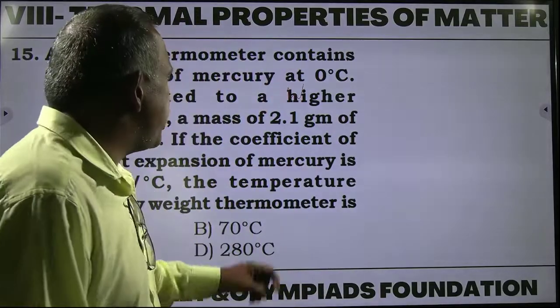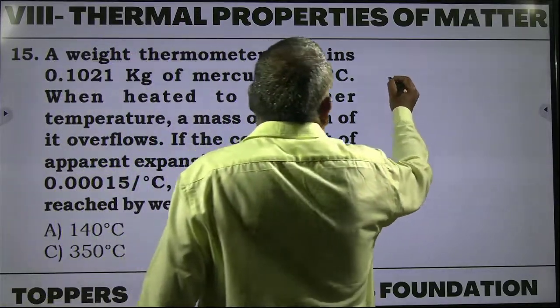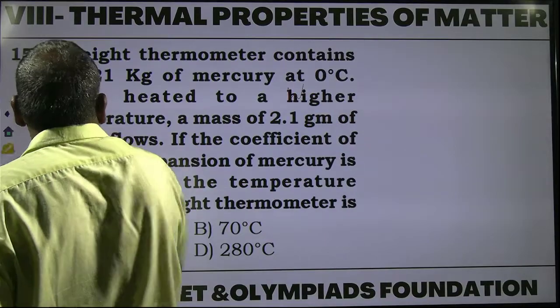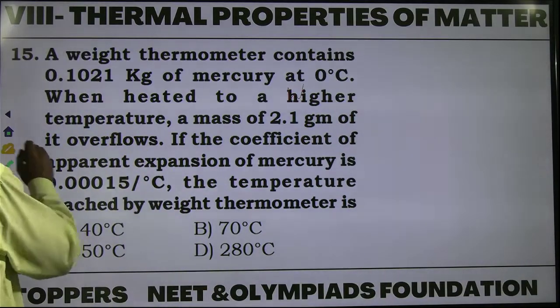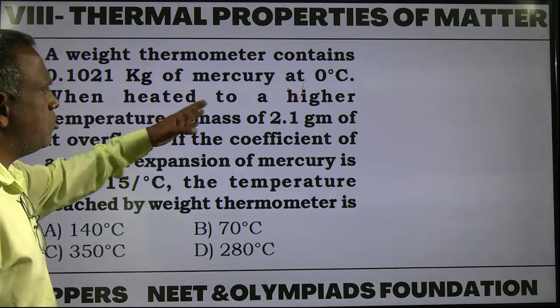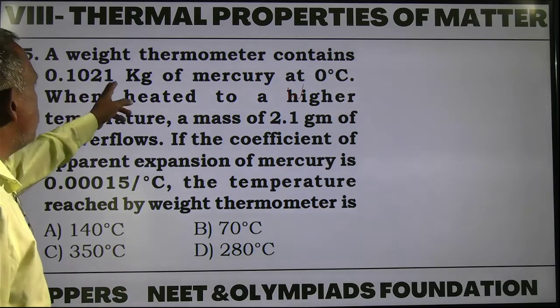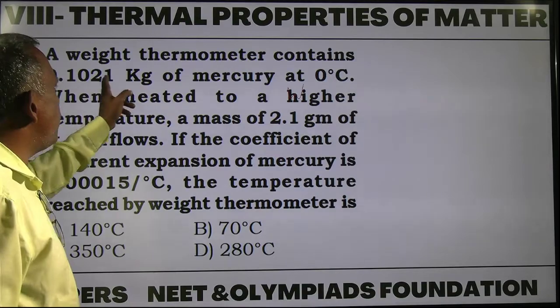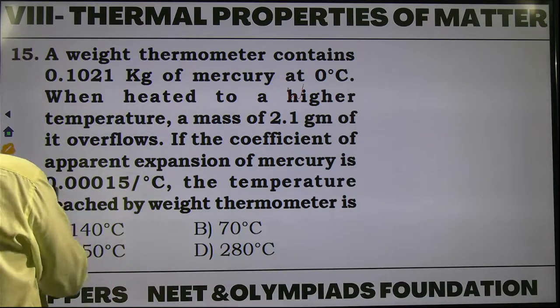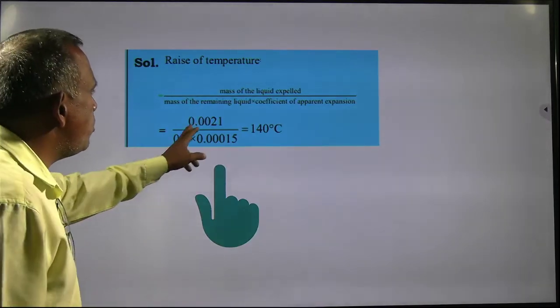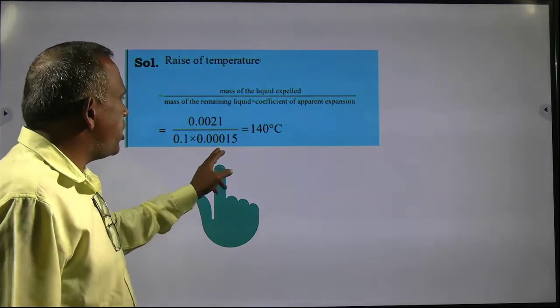To find the temperature, the same formula here, gamma A equal to, instead of volumes it is given in kgs. So we have to take here 2.1 grams and 0.1021 kg. It means 0.0021 upon 0.1.